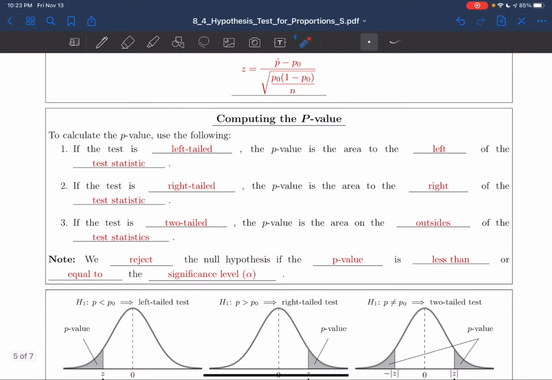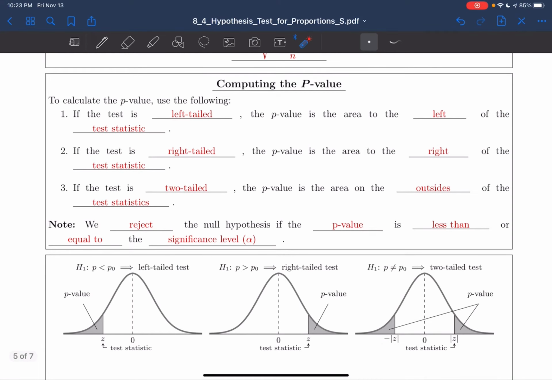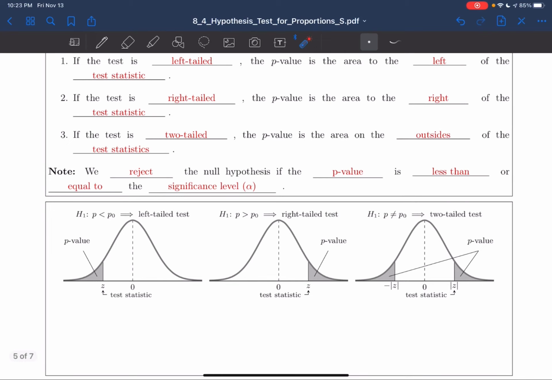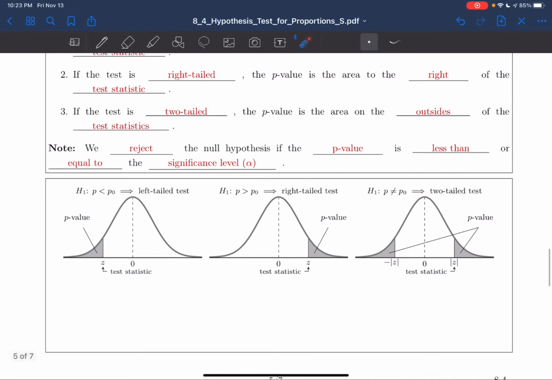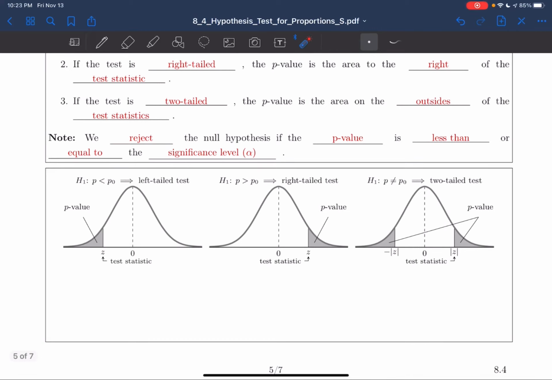But the idea still applies. So for example, when we're dealing with a left tail test, the p-value is going to be the area to the left of our test statistic. If it's a right tail, then the p-value is going to be the area to the right of the test statistic. And if we're dealing with two tails, then the p-value is just going to be the area outside of our test statistic.